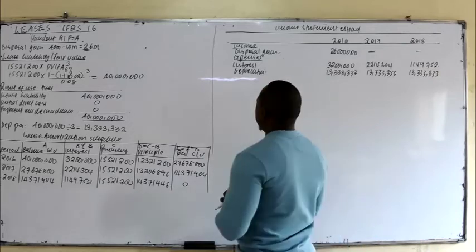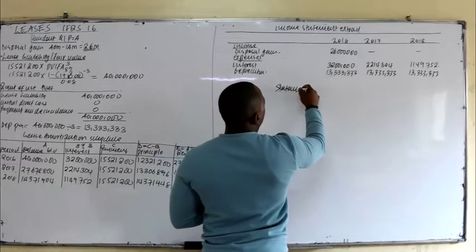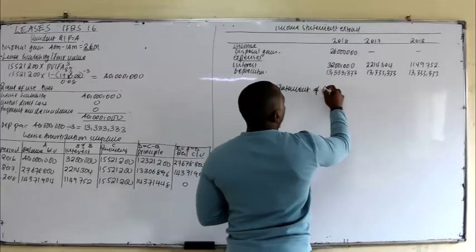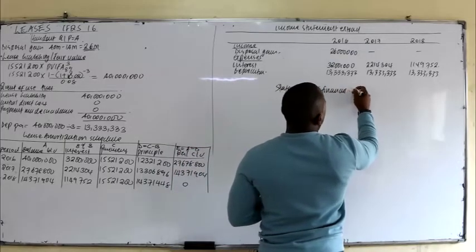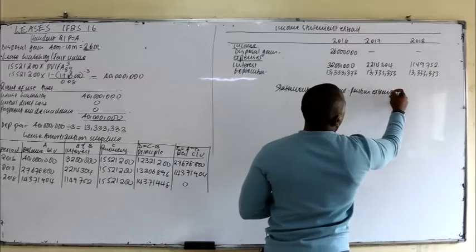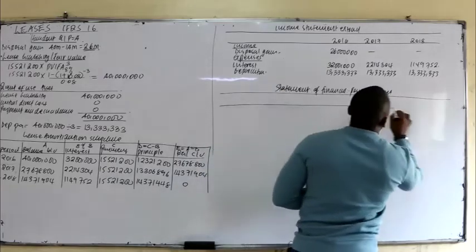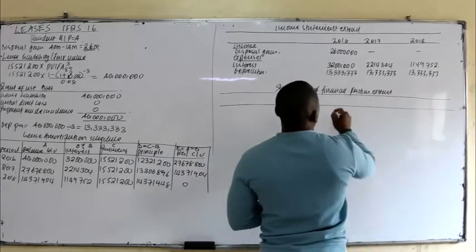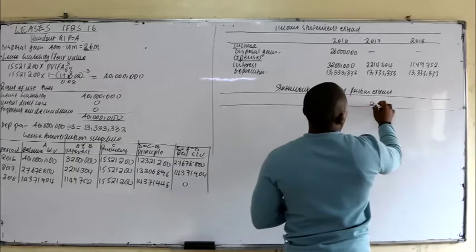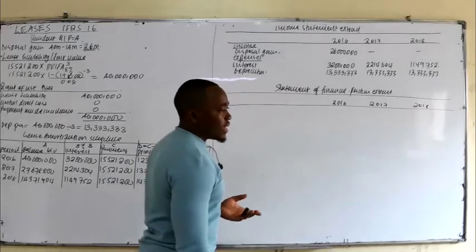Then what about the statement of financial position extract? Now to the statement of financial position extract, you have 2016, 2017, and 2018. Number one, you capitalize the asset.